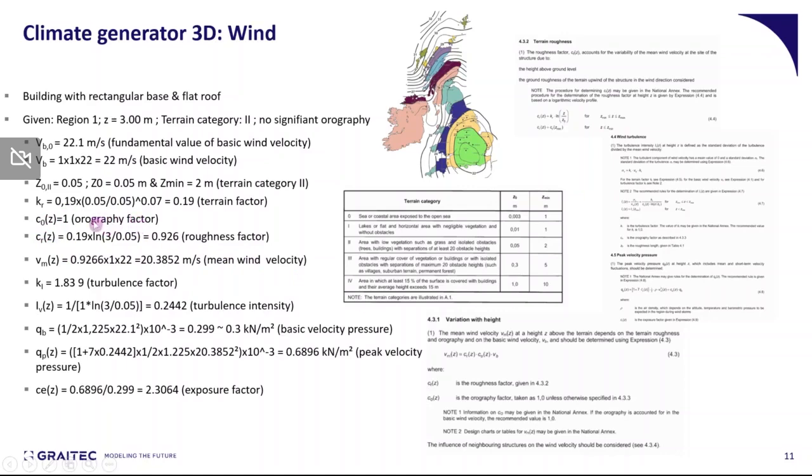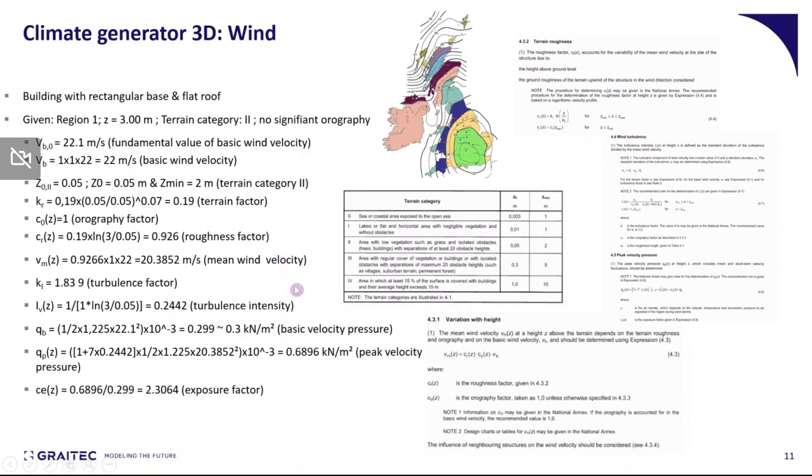The first one is for orography and the second one for the roughness. So basically those two parameters take into consideration the properties of the terrain around the structure. And also there is the turbulence factor and the turbulence intensity. So basically, in order to calculate the wind load, turbulence is also considered in the equations.